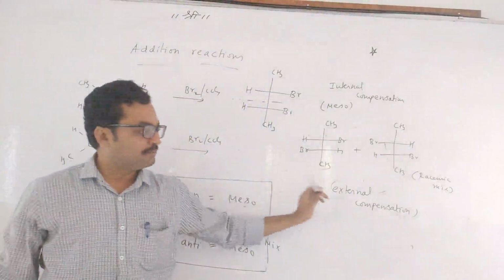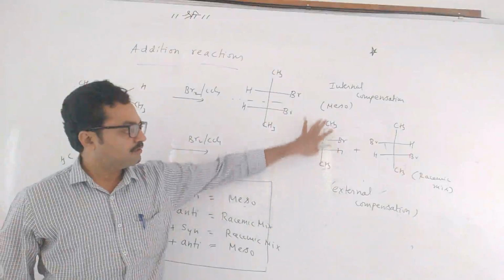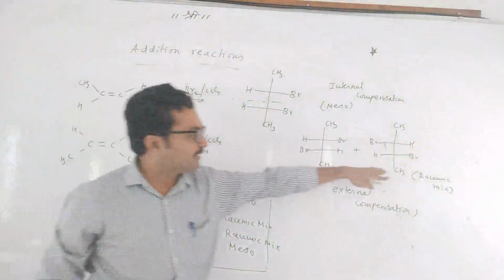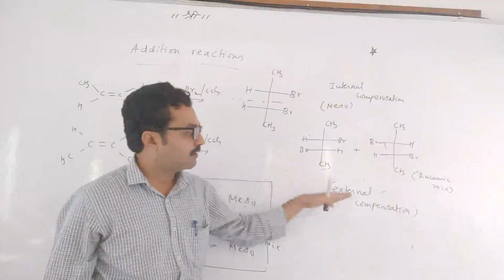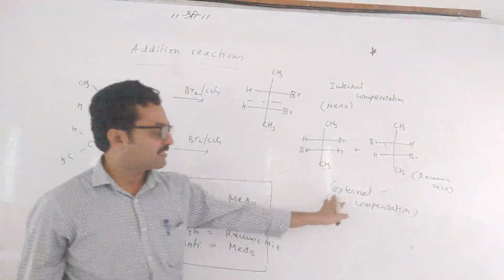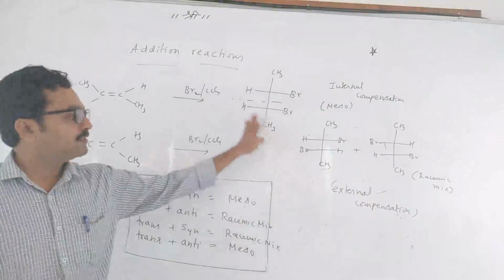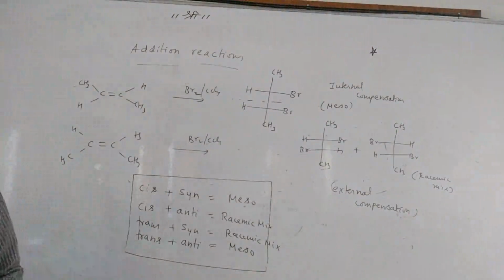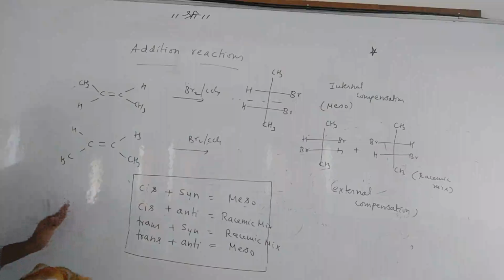Here external is also the same thing: the specific rotation caused by one molecule. If one molecule rotates right side, then the other molecule will rotate left side by the same angle. So the plane polarized light will go straight without any deflection. That is called external compensation. All that is not needed. Just remember, a meso compound is optically inactive, and a racemic mixture is also optically inactive. Right? This is over.